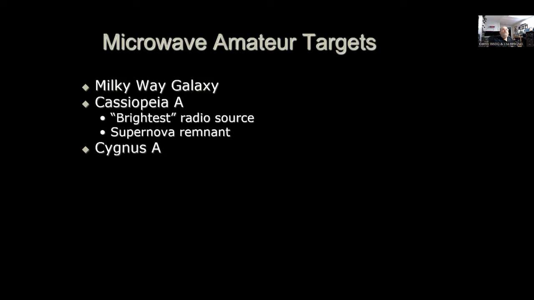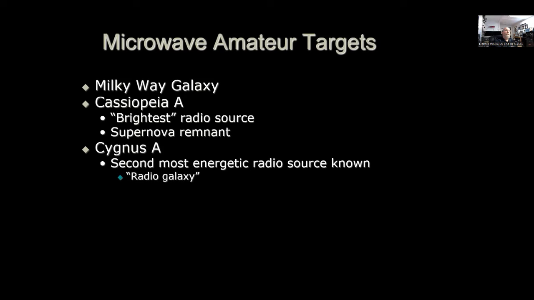It's the second most energetic radio source known, and it's another galaxy some distance away. It's easily detected with a hydrogen line telescope. Actually, Cyg A has been observed from low microwaves all the way up through X-rays. So this is very commonly observed. The professionals are spending a lot of time looking at this, but amateurs can look at this too, and you'll see the same stuff they see in many ways.